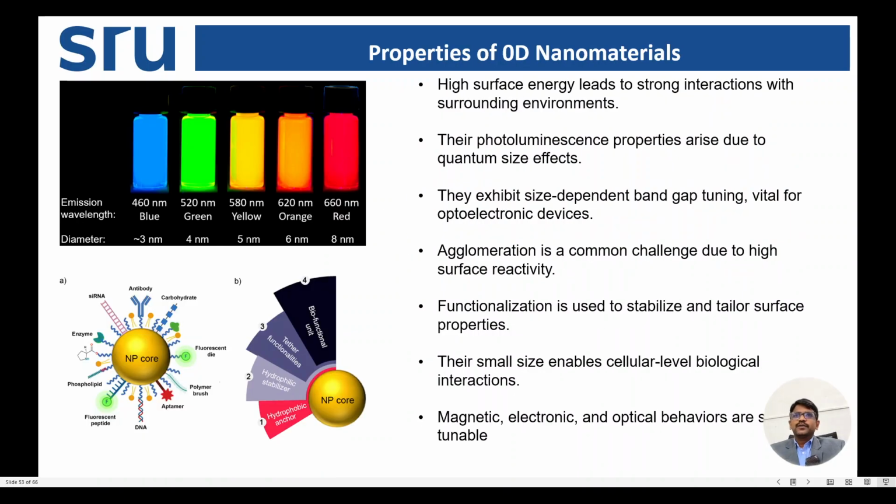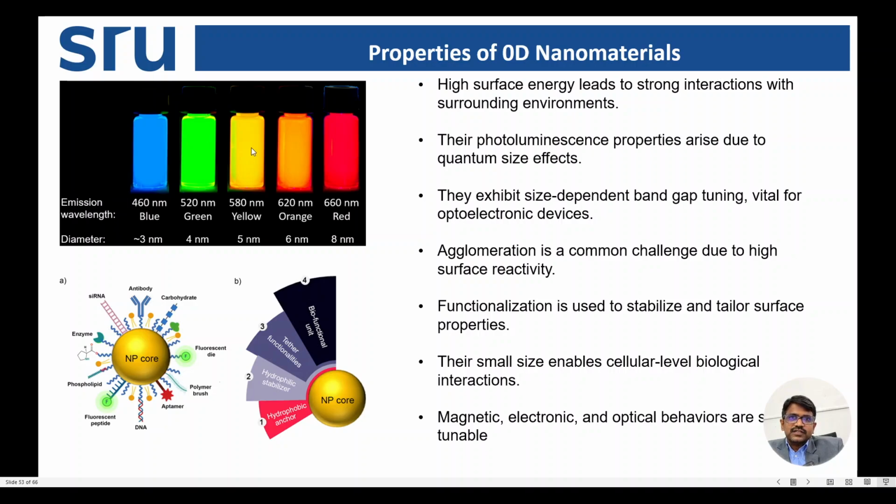Coming to the properties of zero-dimensional materials. Here you can see this image. You can see quantum dots. These are all quantum dots. We already discussed that even a small change in size at the nano level shows a significant, distinct difference in properties.